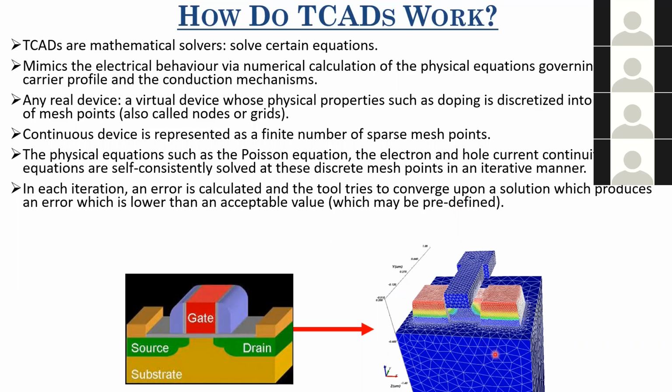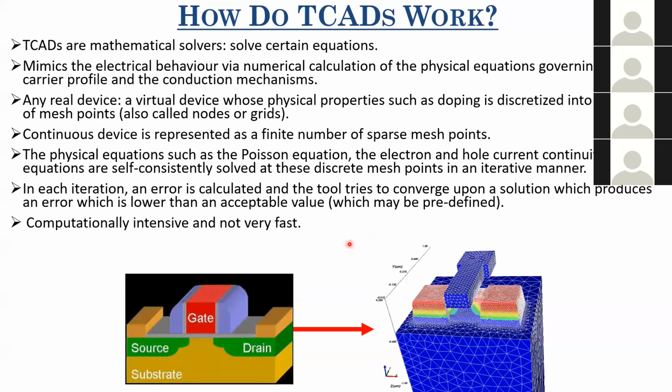If it reduces below a particular value, called the epsilon error, then we say it's an acceptable value, and the simulation converges at that point. This epsilon value can be predefined, and we can also tune it. That's the advantage that we have while using TCADs.